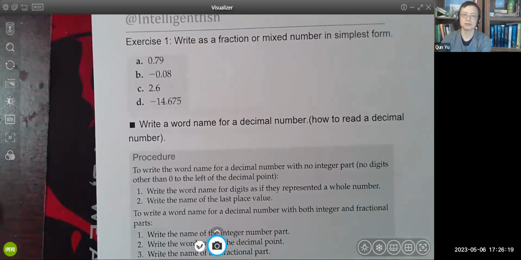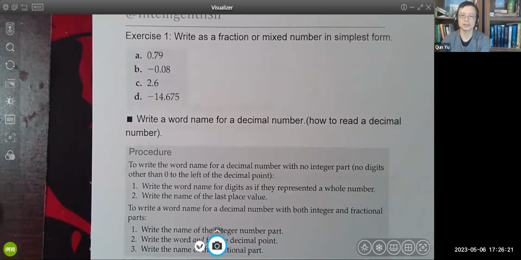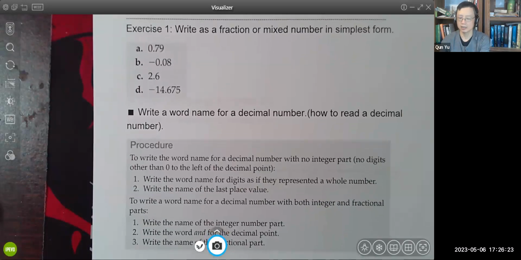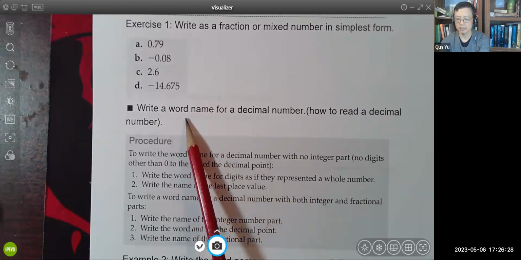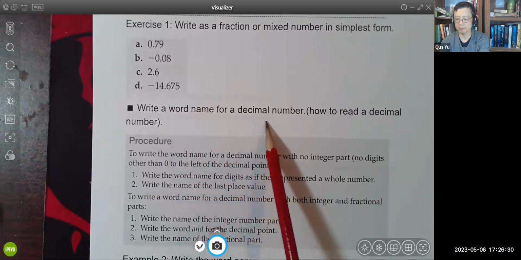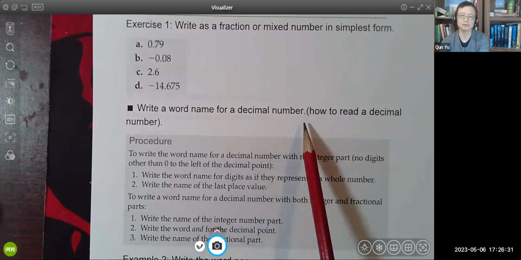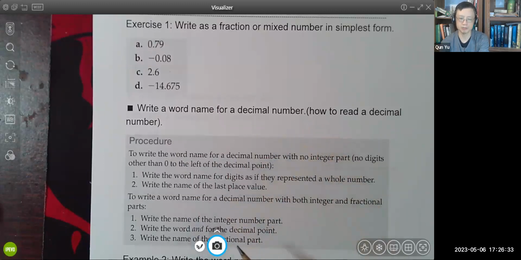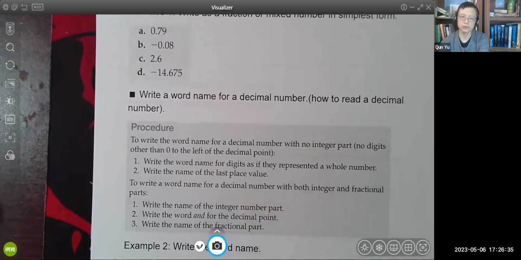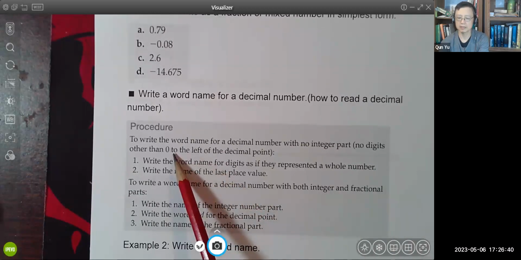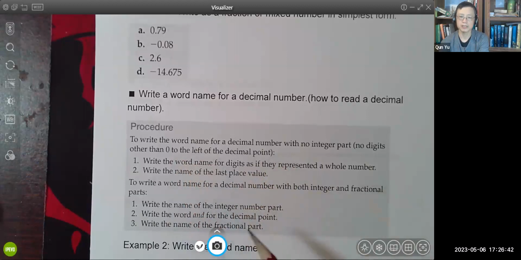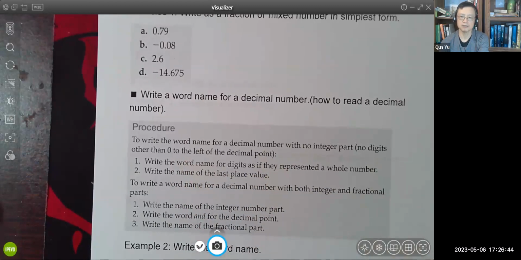Now, this is your first exercise set. Let's look at our second learning objective. We are going to write a word name for a decimal number. Basically, just another way to say how to read a decimal number. So the way you read a decimal number is that you look at the decimal part, and you read the decimal part as if it were a whole number.